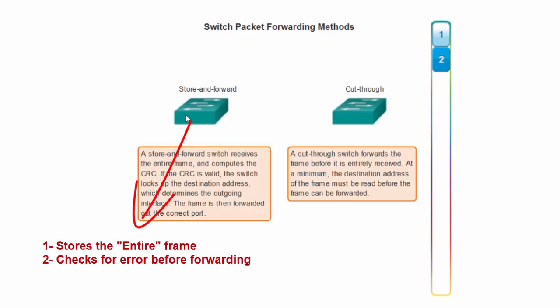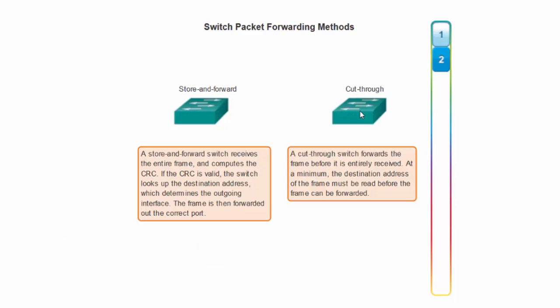So again, it stores the entire frame in the memory inside the switch. It performs error checking using the CRC on the frame check sequence field, and then it makes sure that this frame is correct before it forwards the frame on the output port.